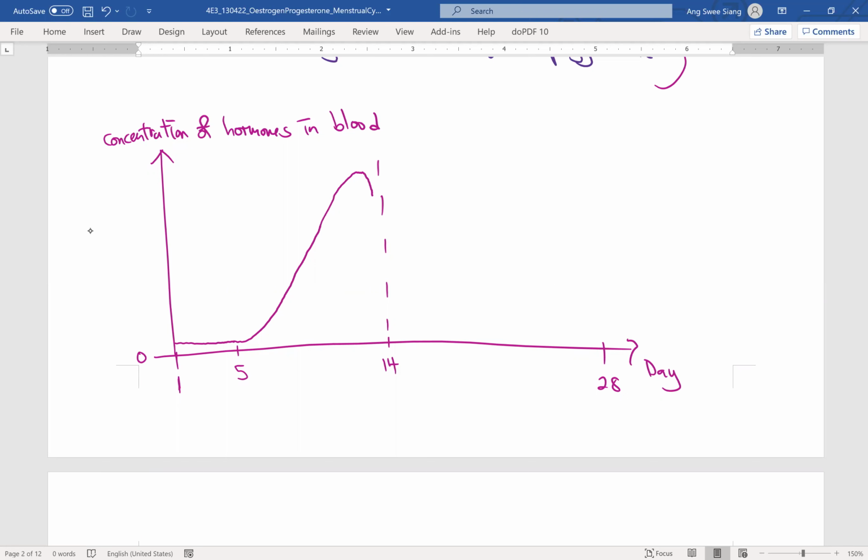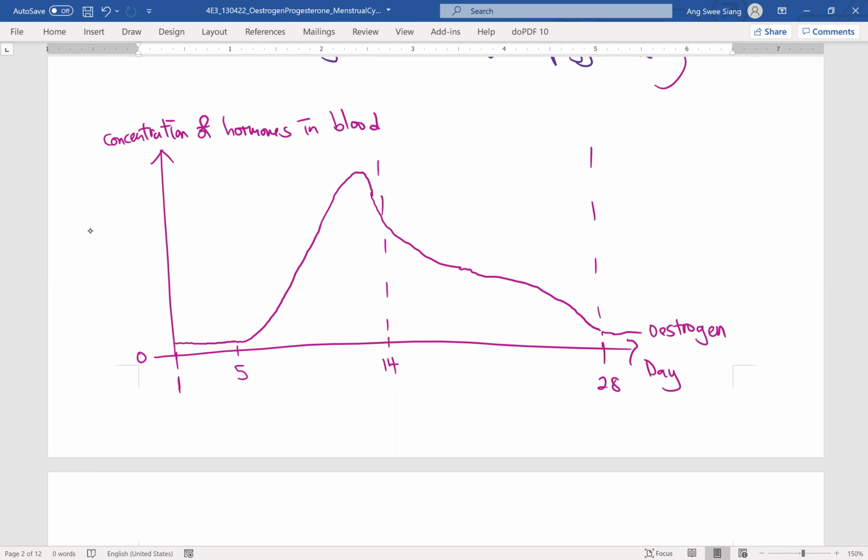Then it will slowly decrease until day 28, until it reaches the baseline level again. So this is estrogen.